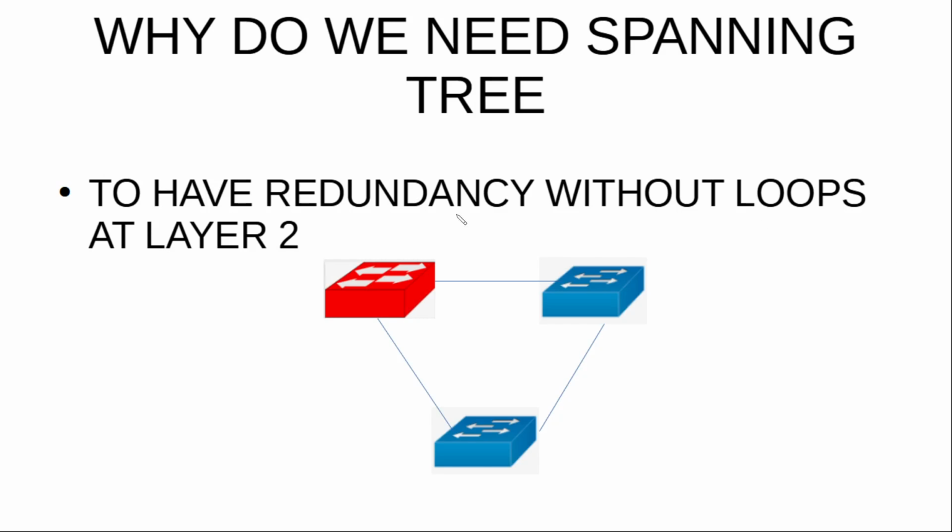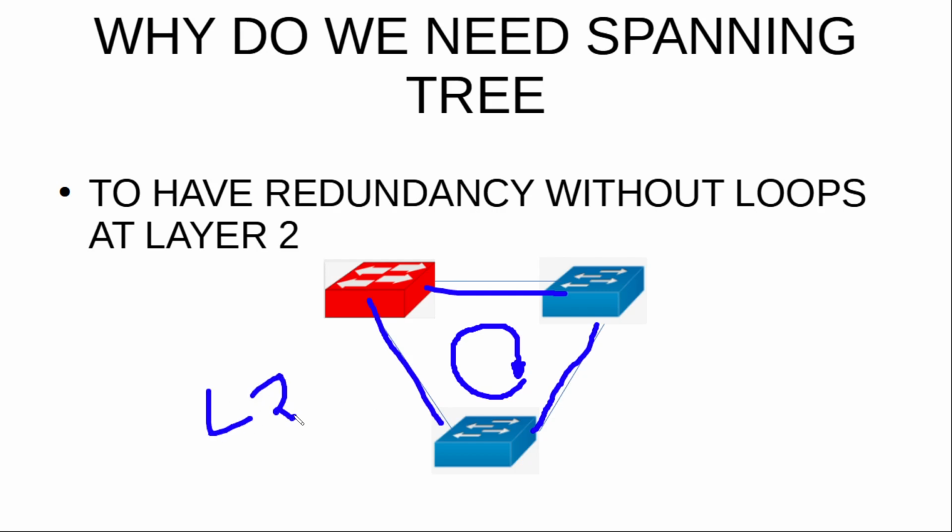Because we need to have redundancy in our networks. But with redundancy, the possibility of having network loops appears, so we need a layer 2 protocol that is able to logically put some ports into blocking mode so we can break the loop.